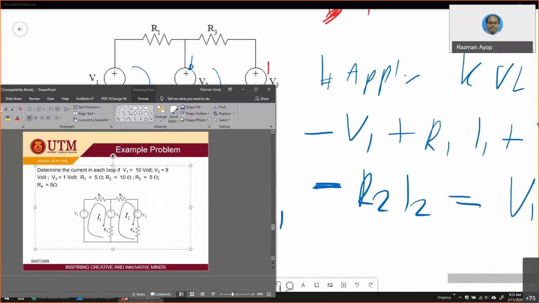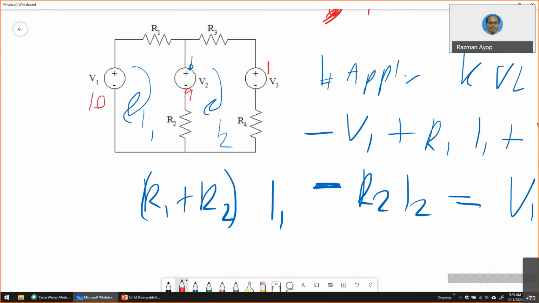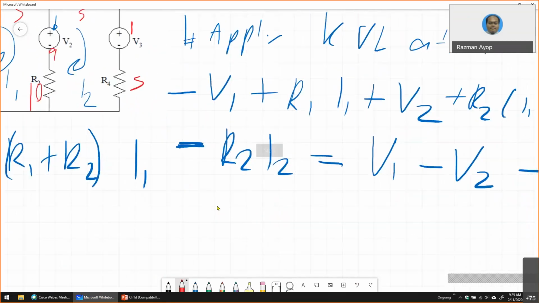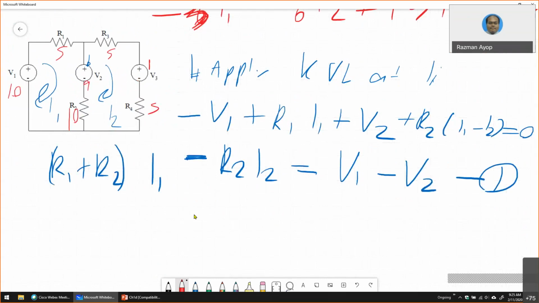The resistors are 5, 10, 5, 5. So just insert the value.